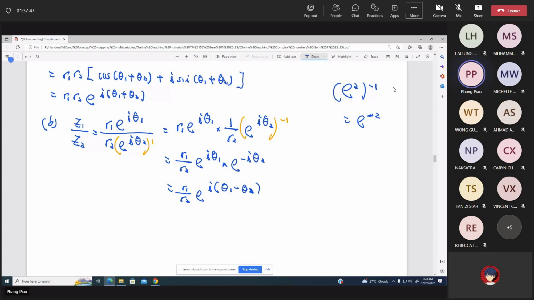So in other words, if we want to do the division of two complex numbers, we can go for their exponential form. After we have both exponential forms, what you need to do is just divide your modulus R1 with R2, and use theta 1 minus theta 2. That's all you need to do. Again, it will simplify your operation involving division or multiplication of two complex numbers.